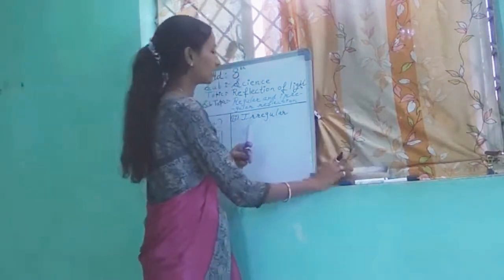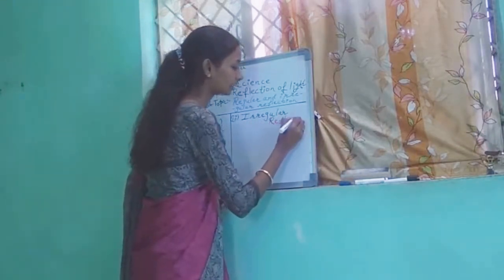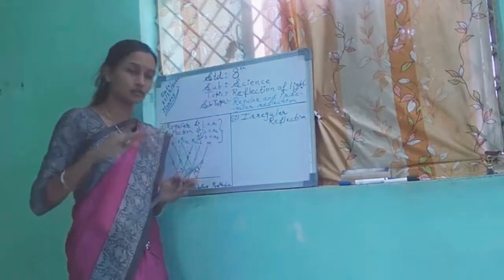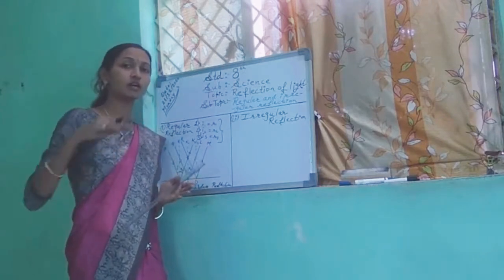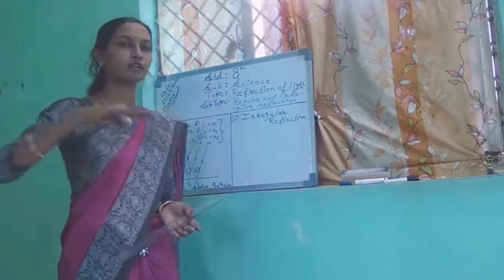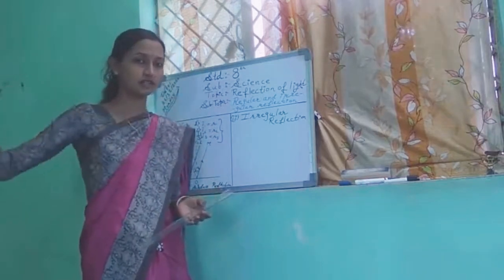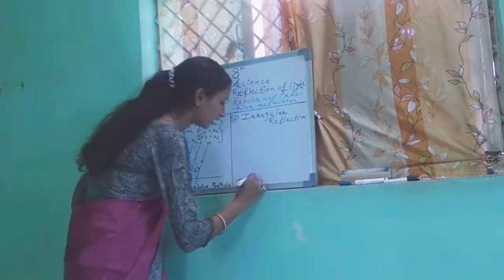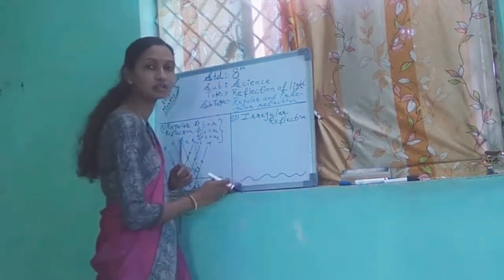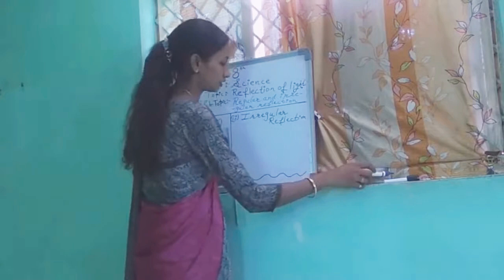You can define irregular reflection as the reflection of light from an irregular surface, meaning a rough surface. You have seen that whenever water flows, it is not a plain surface, it is a rough surface, the waves are like this. So now this is a rough surface, and we will see how the reflection from this rough surface will be.